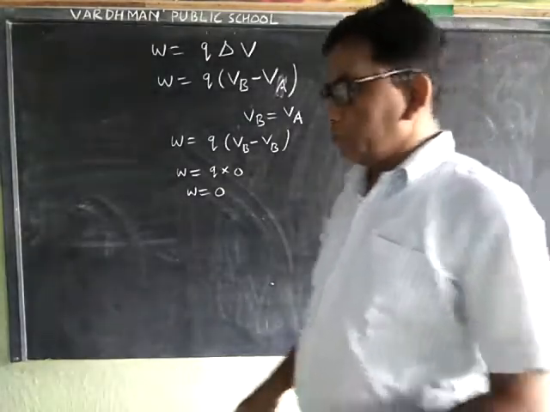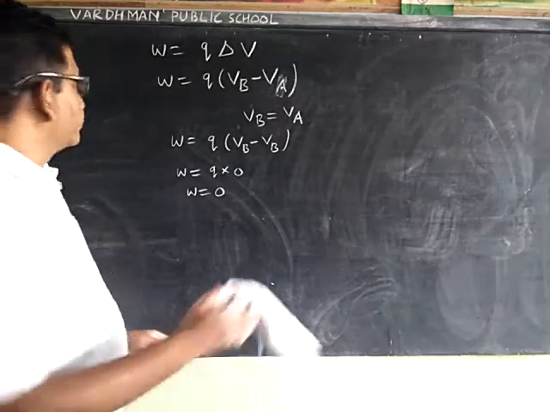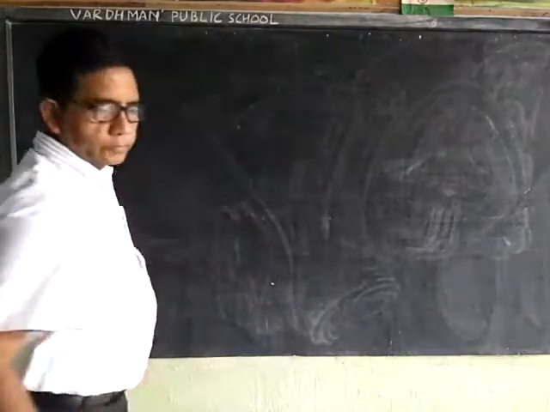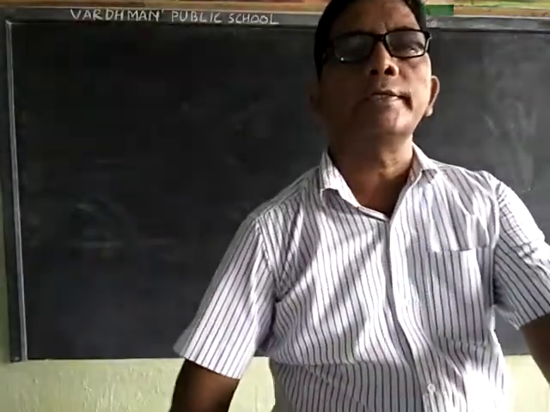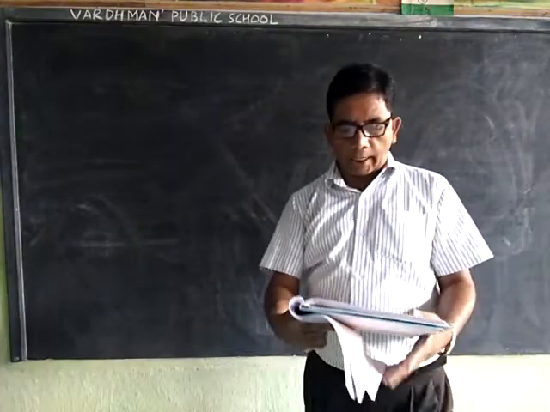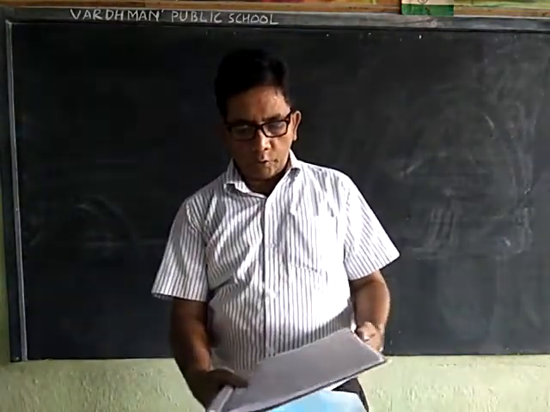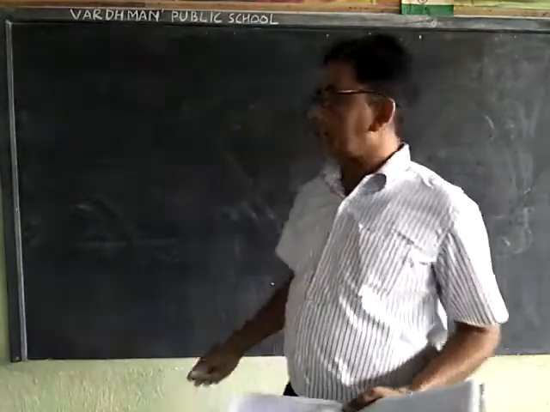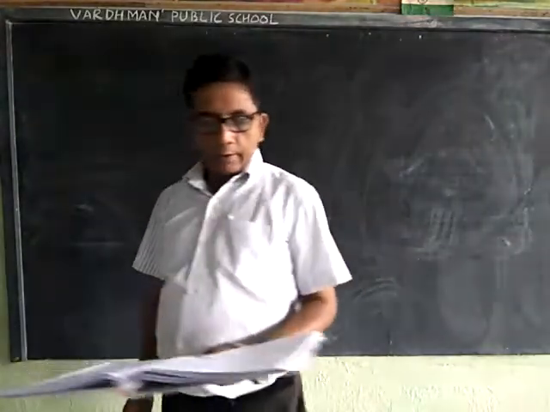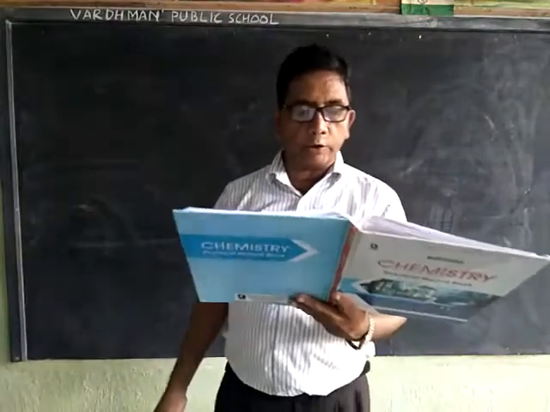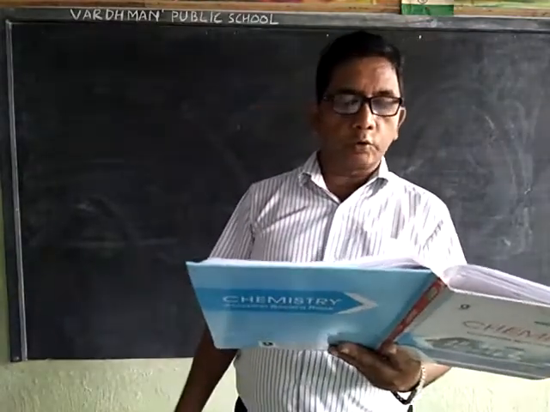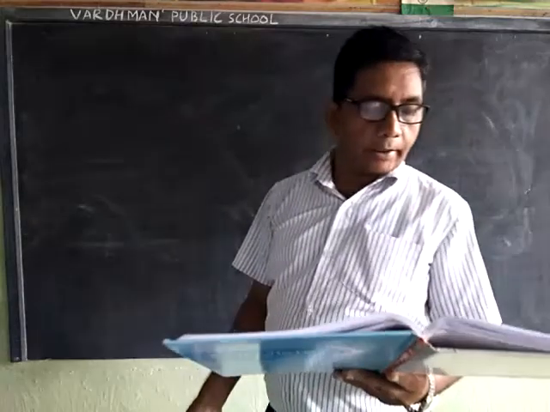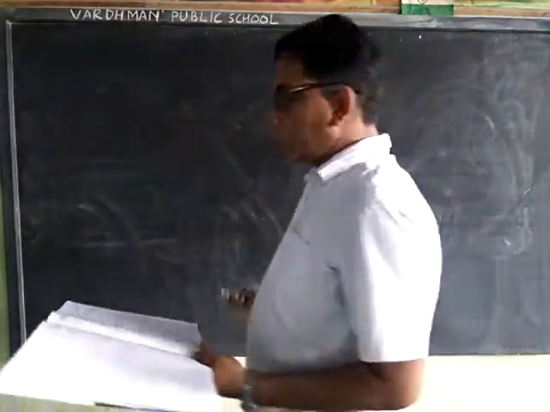Now we will solve the next question. Our next question is: two point charges Q1 is equal to 10 into 10 power minus 8 coulomb and Q2 is equal to minus 2 into 10 power minus 8 coulomb are separated by a distance of 60 centimeter in air.